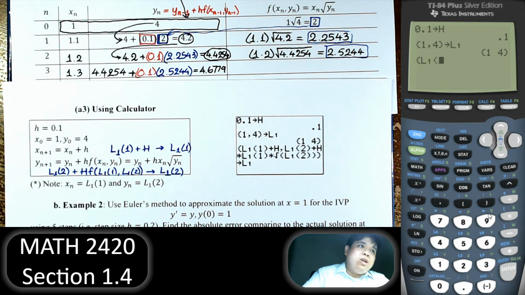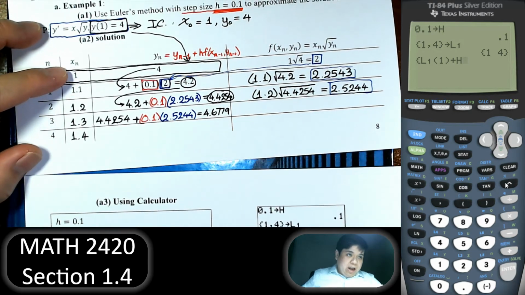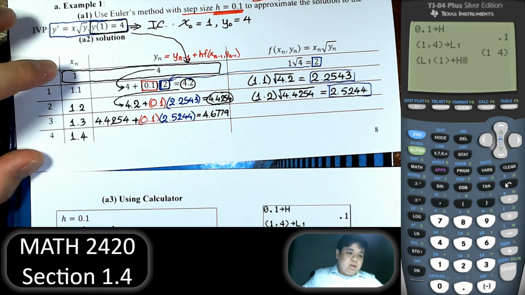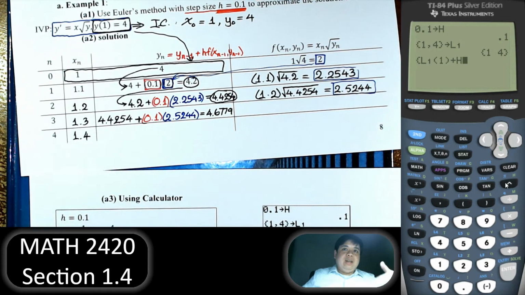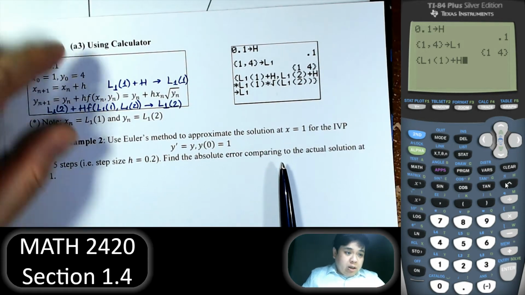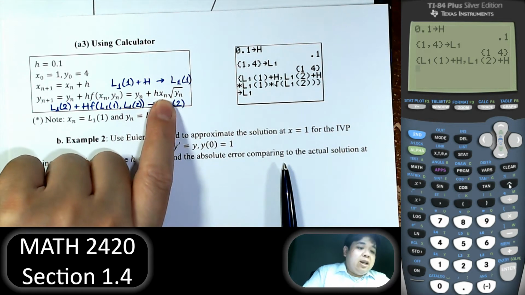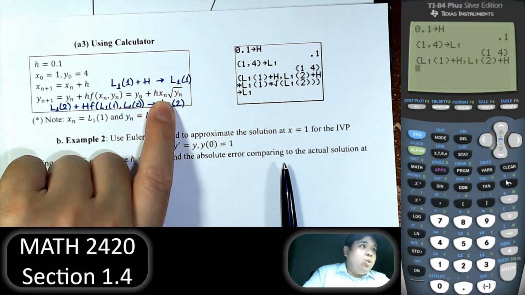a1 of 1, which is x, we update by h. So to get to the next x value, we just add the step size. So we have 1, 1.1, 1.2. We just keep adding h, the step size, to it. So the first component, we add h to it. The second component, we add h, the step size, times the derivative. The derivative is x sub n, which is the first component.